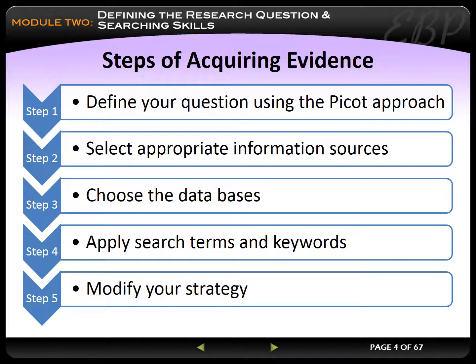So these are the steps of acquiring evidence, and the first one is defining your question using the PICO approach. Part B will go through selecting the appropriate information sources, choosing databases, applying key terms, and modifying your search strategy.